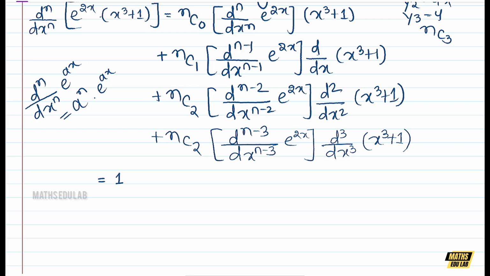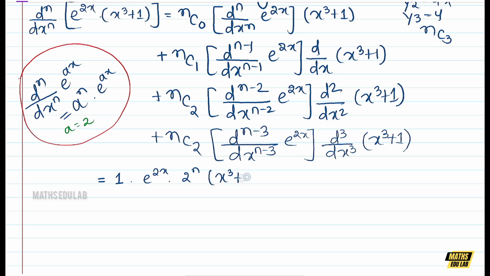Here a is equal to 2. So I can write 1 times e to the power of 2x into 2 to the power of n, into the g of x value, that is x cube plus 1.